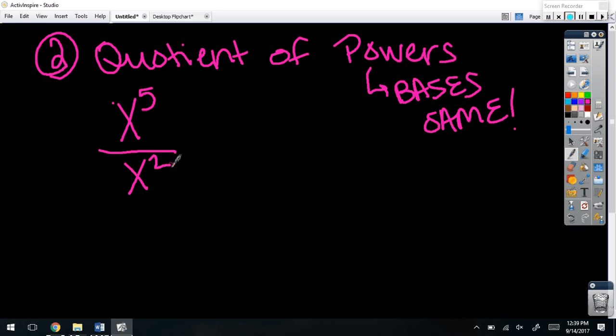Okay. You're going to do x to the 5 minus 2. The opposite of multiplication is division. So if I add for multiplication, then I would subtract. So I say x to the 5 minus 2, which is x to the third.